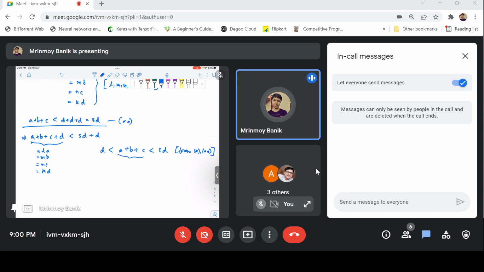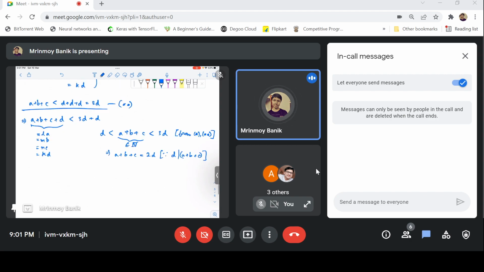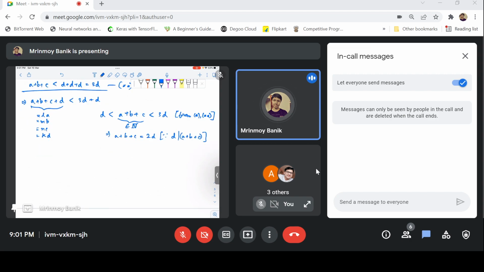Since this is also an integer and D divides A plus B plus C, it has to be of the form some KD. And K has to be greater than 1 and less than 3, so it has to be 2. So we got A plus B plus C equals 2D.